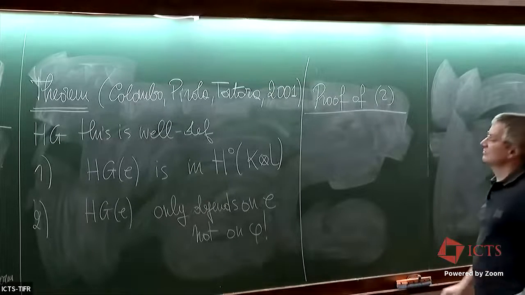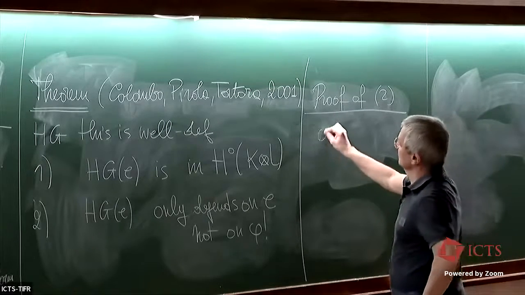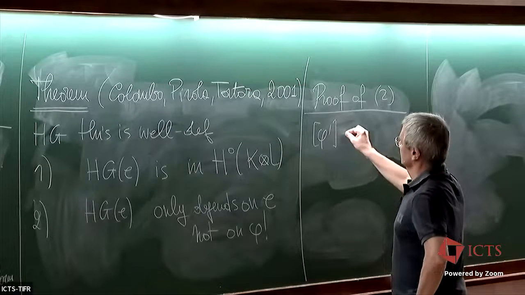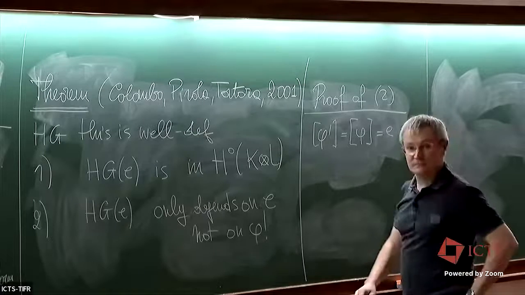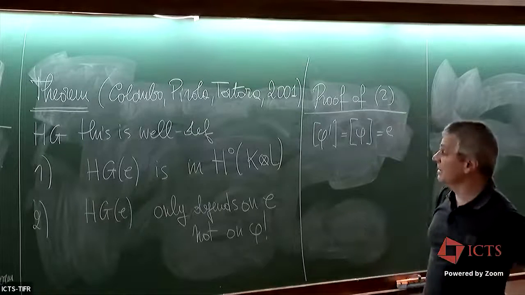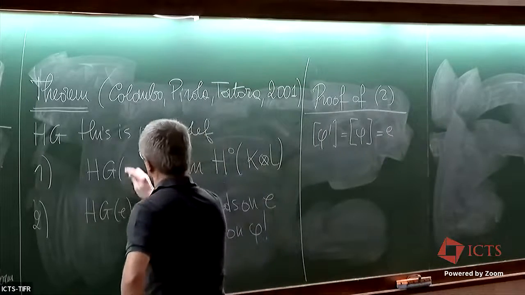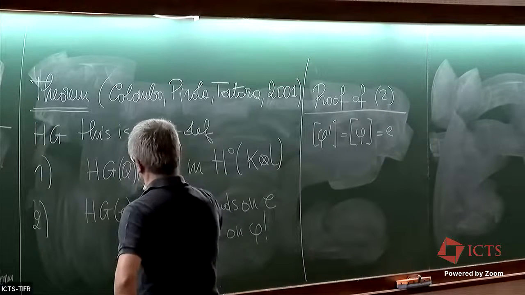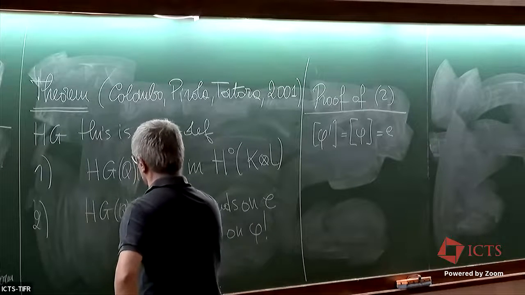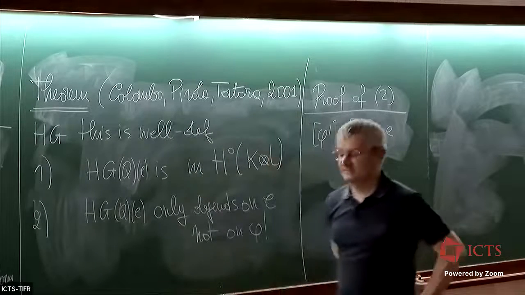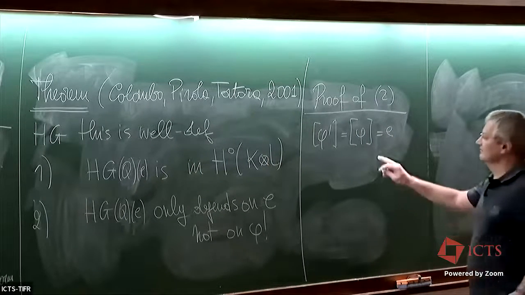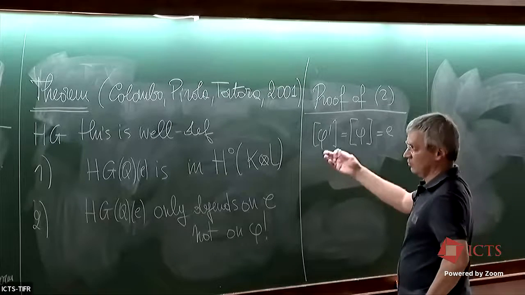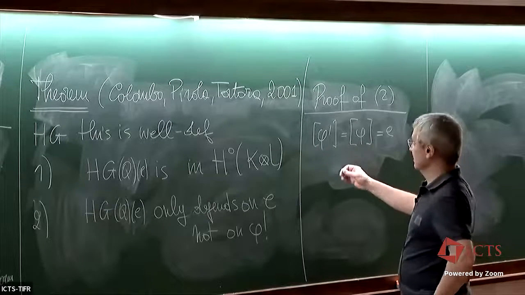And okay, so we have two representatives. Yeah, sorry, this is a Q. Q of E, thank you. Okay, so we have two representatives, and this means what? We want to check that the two definitions agree.